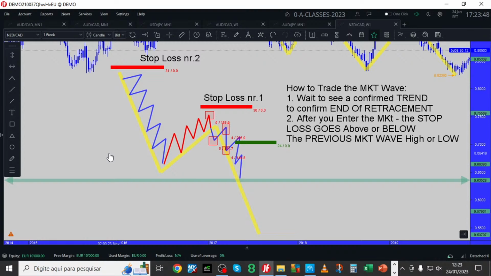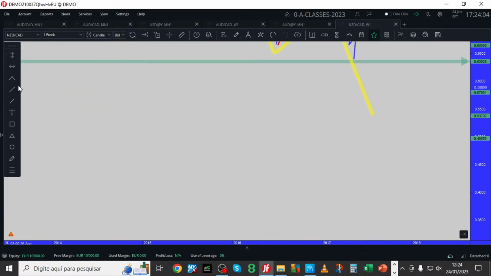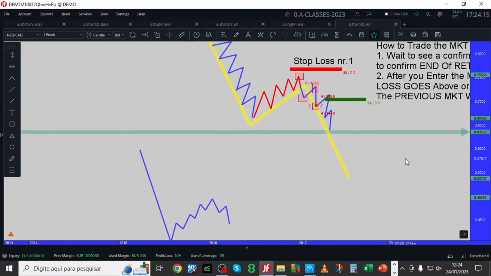Anybody else online? Hedge fund trader Shola, hedge fund trader Ala, hedge fund trader Clara. Stop loss number 1 or stop loss number 2? Okay, another example. You have an extension leg and then the market starts a retracement. Okay, you enter the market.